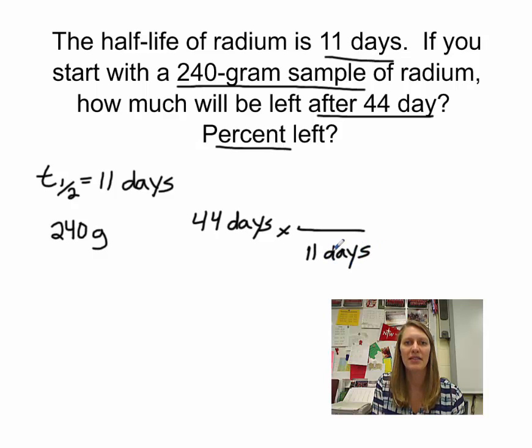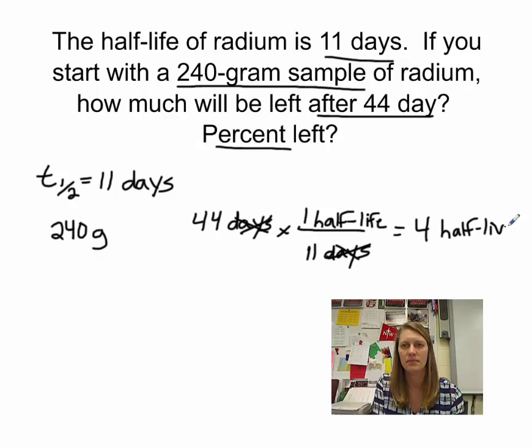So I know that 11 days equals 1 half-life. So I can cross out my units of days and days, top and bottom, and I would be left here with 4 half-lives. A lot of times we'll just think divide 11 into 44 and we would get our 4, which is true, okay? But this is how we're getting our new units. So I need to have 4 half-lives that pass.